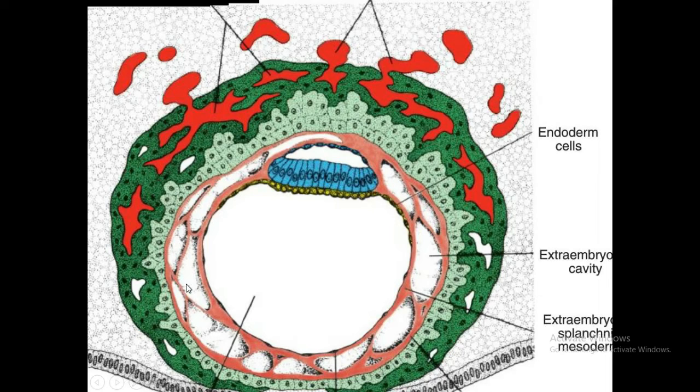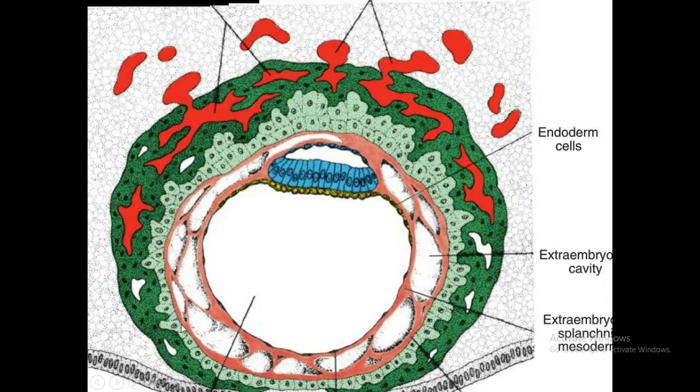This mesoderm is divided into two layers: the somatopleuric layer and the splanchnopleuric layer. Here we see that the primitive yolk sac is covered by a red layer. This lining which surrounds the primitive yolk sac is known as the splanchnopleuric layer.